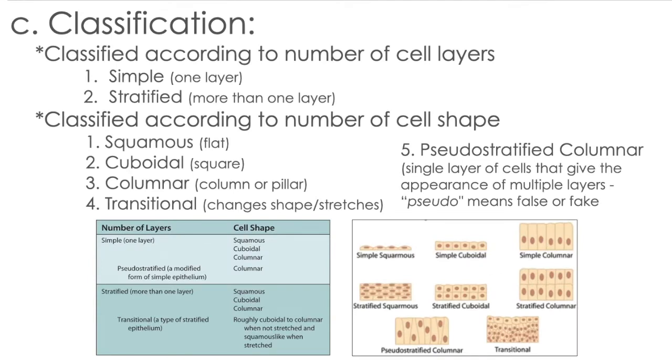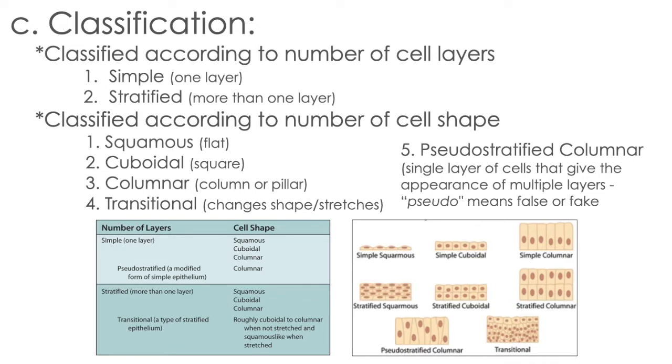And we're going to first focus on the 2 main types of classification here, and it's pretty basic memorization. You have simple epithelial cells. Simple refers to 1 layer, while stratified means many layers, more than 1 layer. Then we're going to combine that number of layers, that category of simple and stratified, with the shape of the cell.